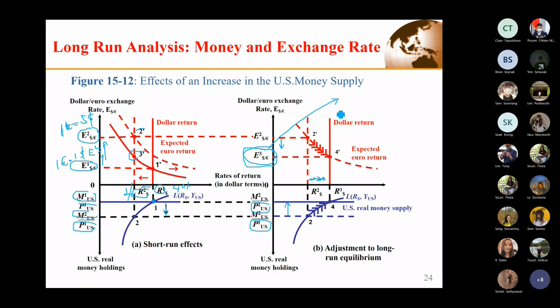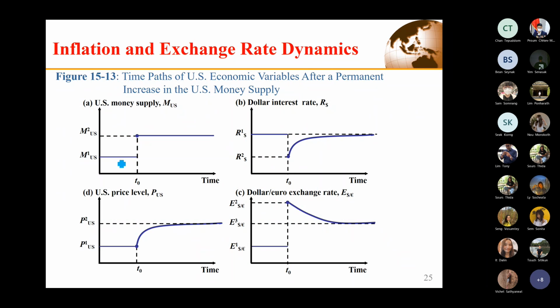And this is just a graph that shows you the situation. Originally you begin with M1, and then the central bank increases money supply, so interest rate would actually drop and the exchange rate jumps to E2. Originally price is still at P1, but when price starts to increase, as you have too much money chasing goods, the real money supply falls and interest rate starts to increase backward.